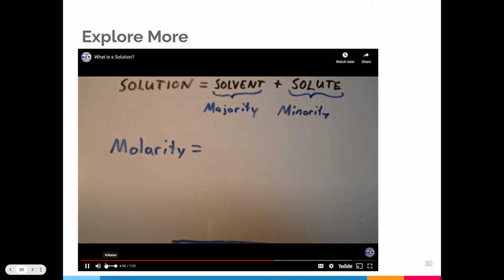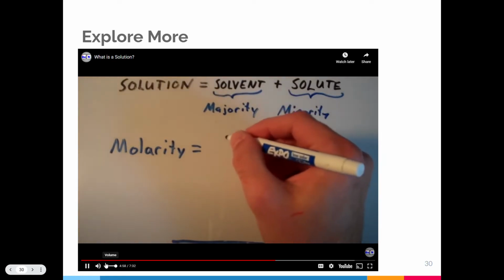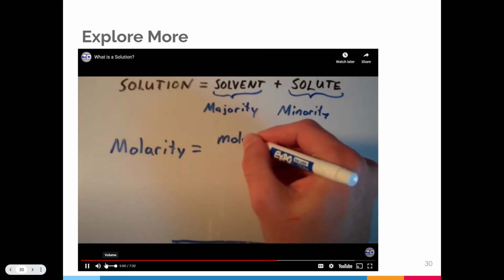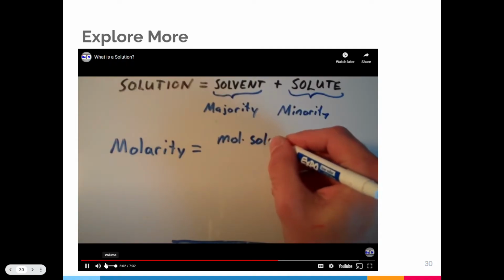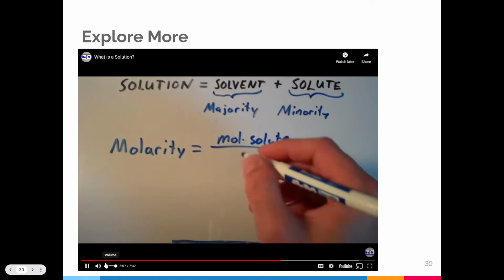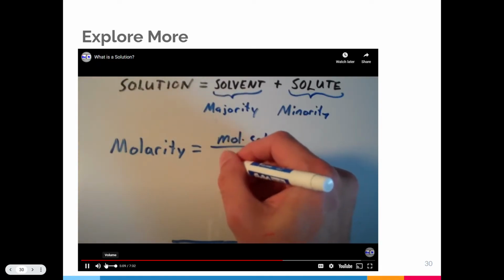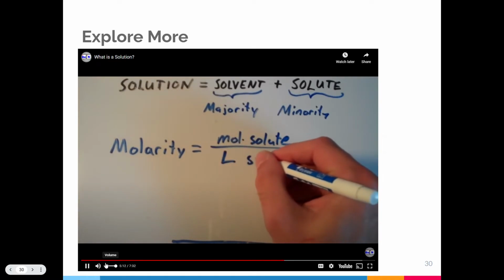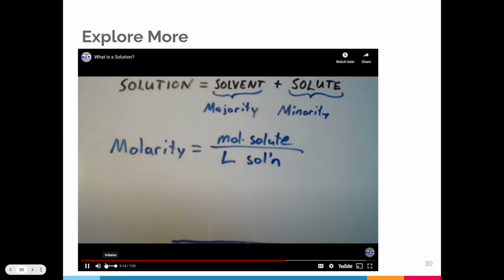Molarity is the amount of solute you have in moles divided by the total volume of your solution in liters. Notice that the molarity is not moles of solute over liters of solvent or moles of solute over moles of solvent. It's actually the moles of solute over the liters of the entire solution.